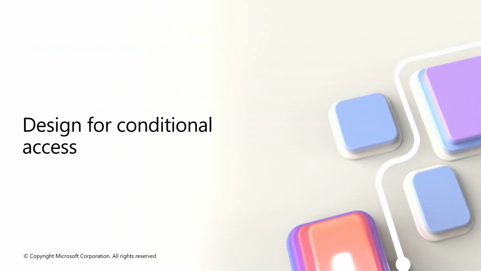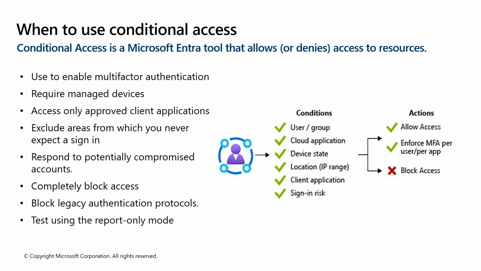Now we get to one of the most powerful tools, conditional access, the policy engine for making informed decisions. This is where zero trust becomes real. Conditional access answers, should we allow this request and under what conditions?